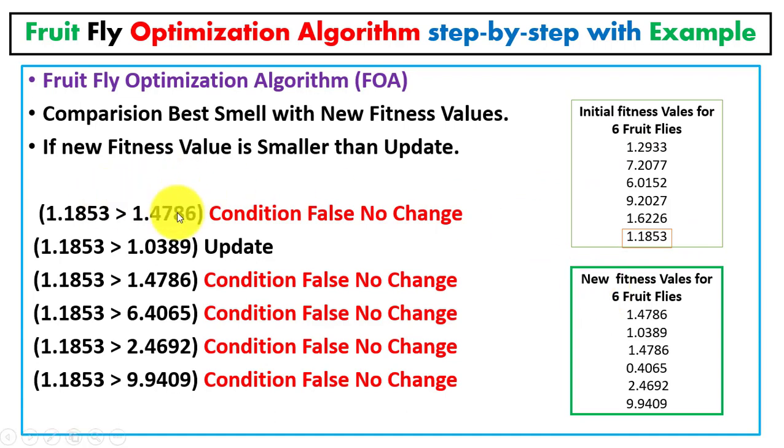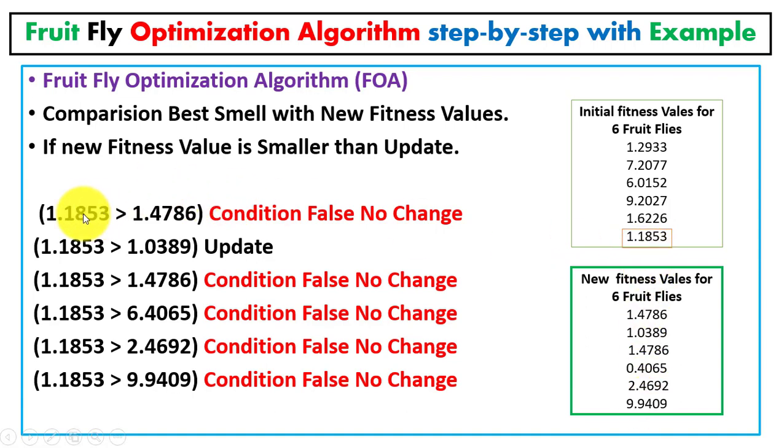So when we compare this fitness value with all, you can see the initial fitness value is 1.1853 and the new fitness value for the first fly is shown here. We're going to choose again the best smell out of these. So we will compare the previous fitness value, that is the best smell we computed, with the new best smell that we recently computed. So we're going to compare this with all.